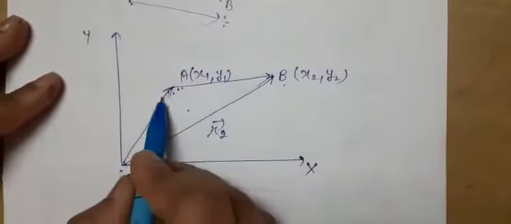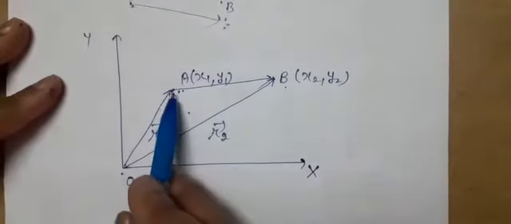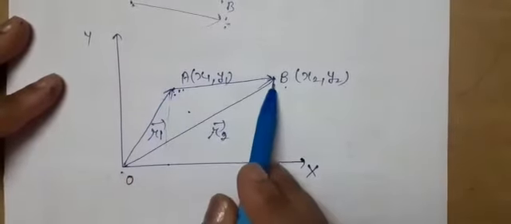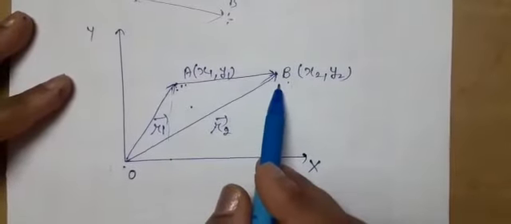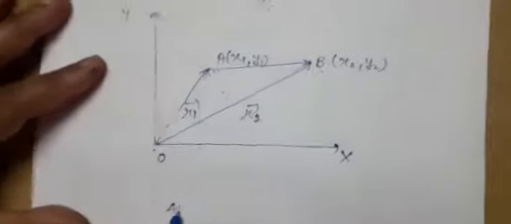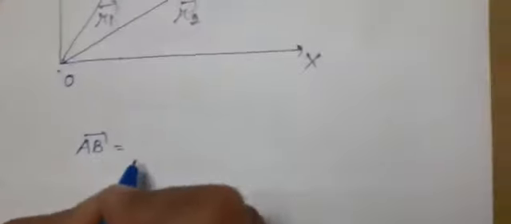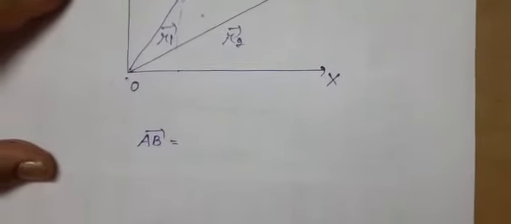That means it tells in which direction the object has changed its position: from A to B, not from B to A. When we have to calculate the displacement, what do we write?